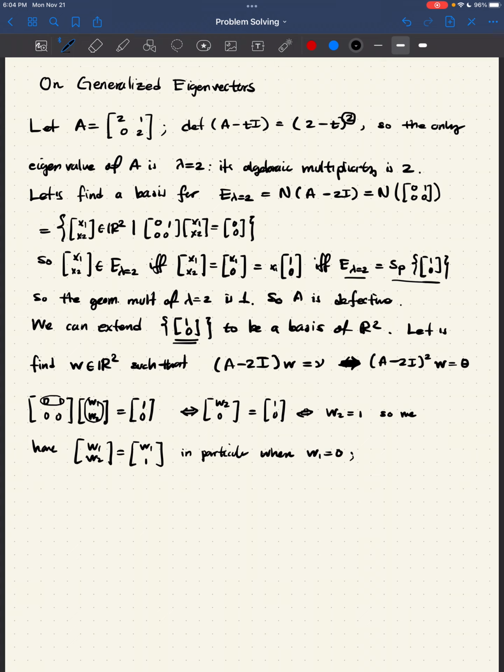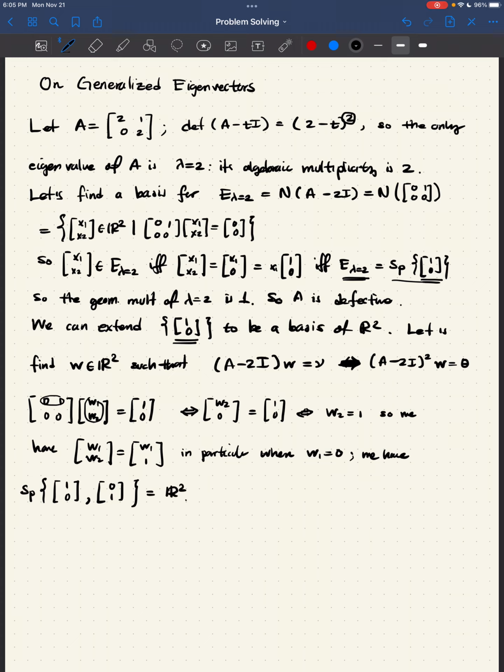And look, in this case, we have that the collection composed of 1, 0, which is the vector that generates linearly the eigenspace associated with lambda equal to 2, adjoined with the vector 0, 1, well, forms a linearly independent set and thus generates all of R2.